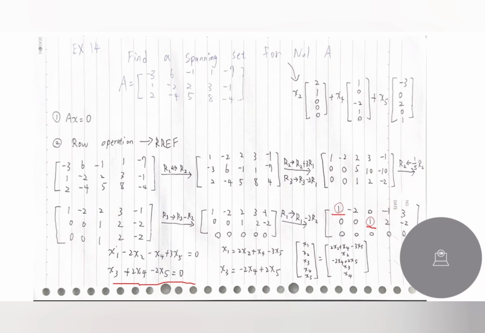The next step is to isolate the basic variables in terms of the free variables. So x1 equals 2x2 plus x4 minus 3x5, and x3 equals negative 2x4 plus 2x5. After finishing this, we can see that the spanning set for Nul A is here, like this.